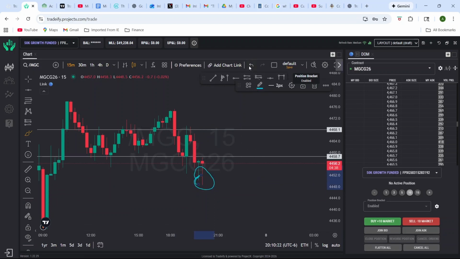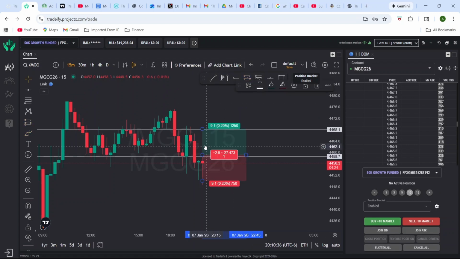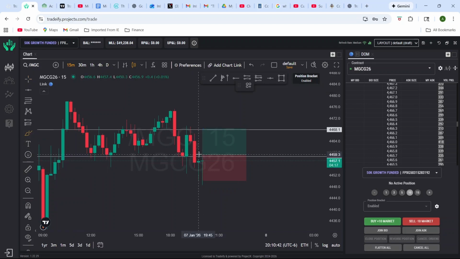So now what I want to do is see price somewhat close above here with a wick like that, and then take that off the break of the high after it closes something like this.